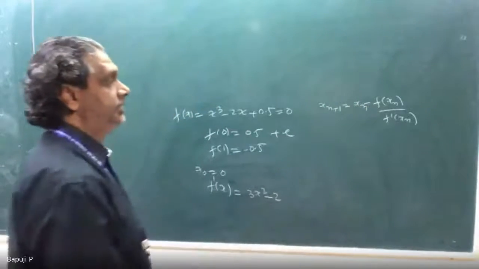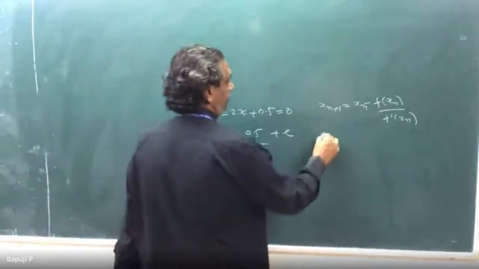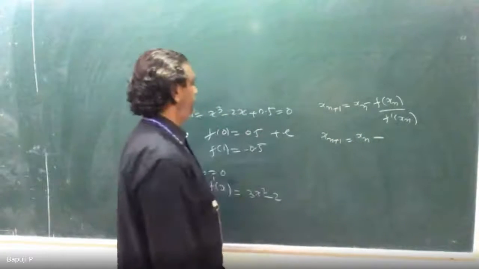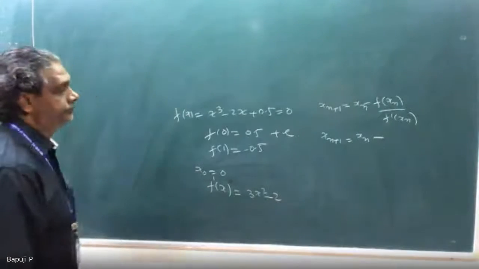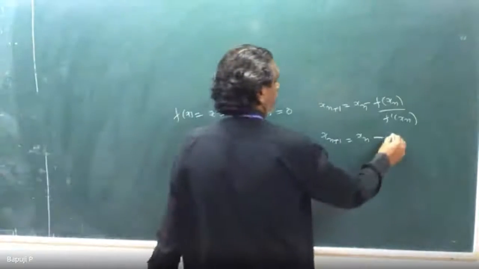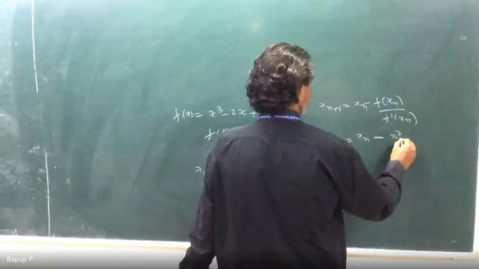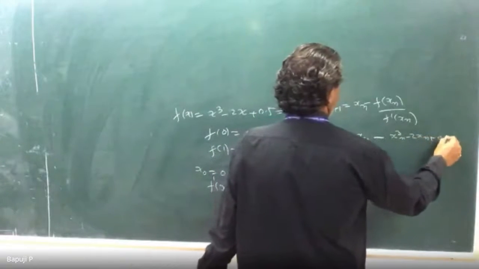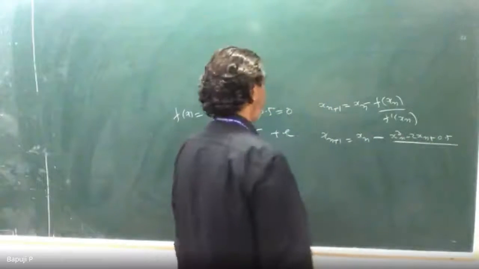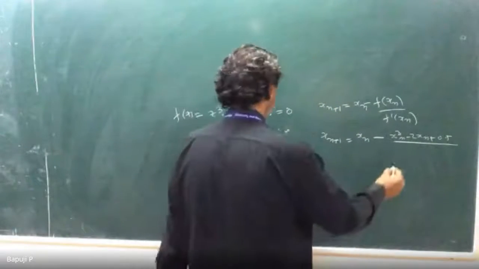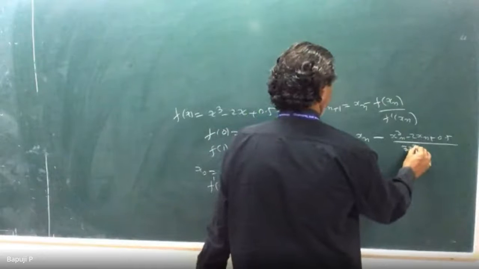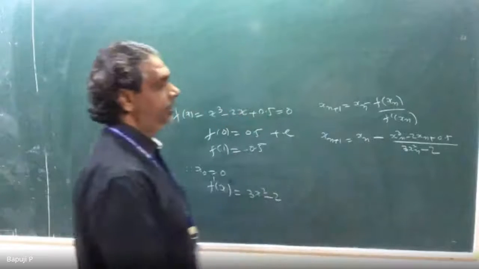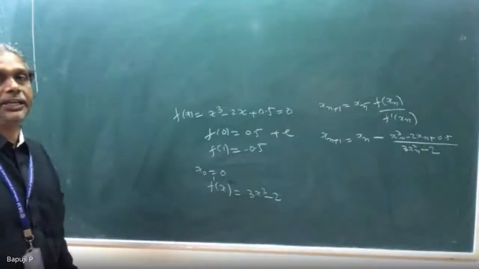Some textbooks give the formula x(n plus 1) is equal to xn minus. What is my f of xn here? F dash of xn is what? If you want, you can simplify and prepare it as one formula.